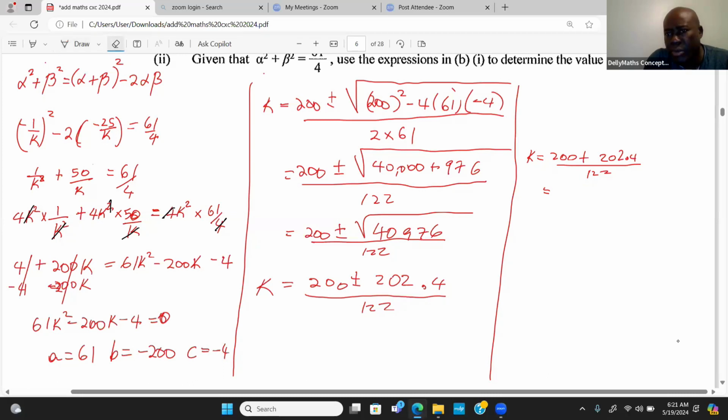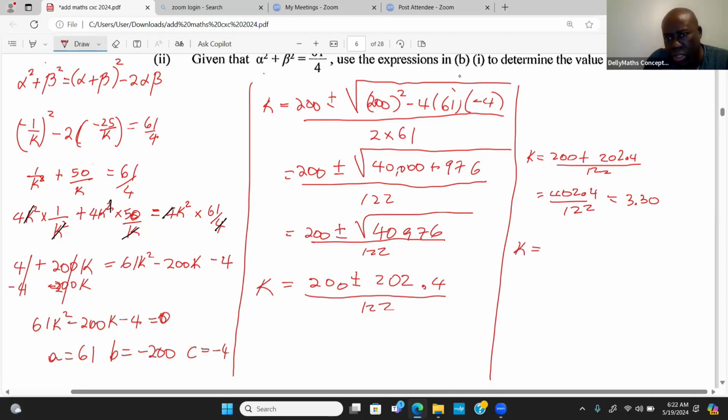Hold on, let me write this properly. All right, so let's work on 402.4 divided by 122. We're going to get a 3 point. So this is giving me 3.30. So that's one value for K.